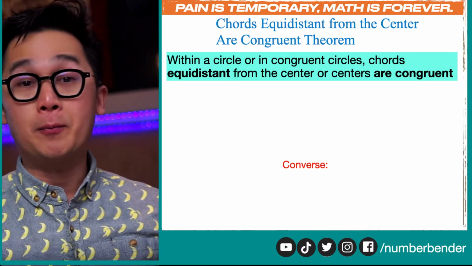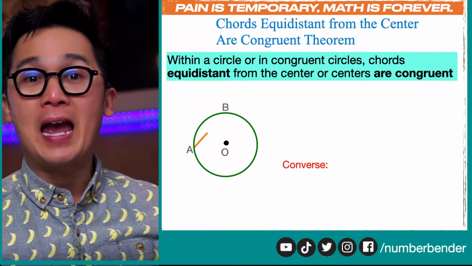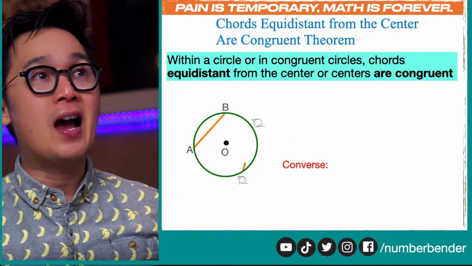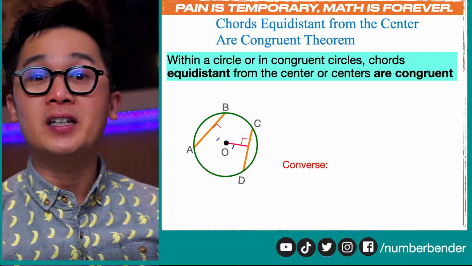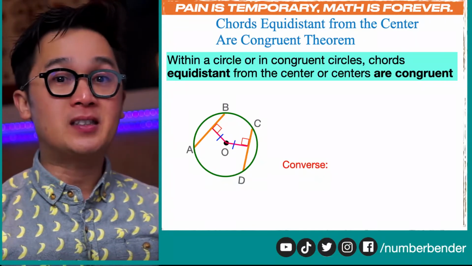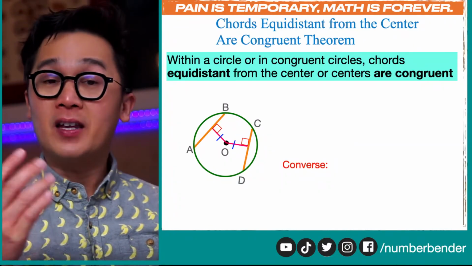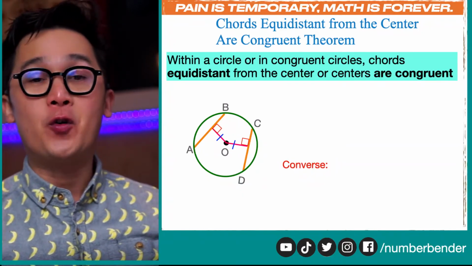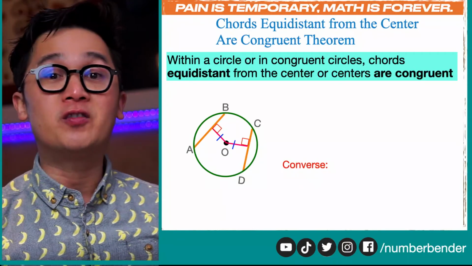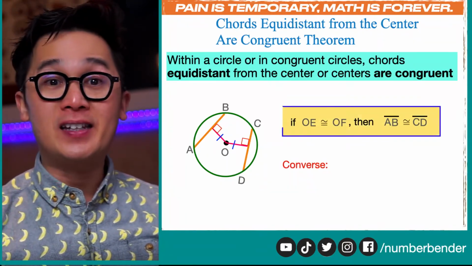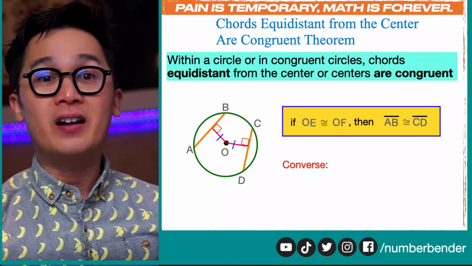But if we have a proper diagram similar to this one, circle O, and we have chord AB and chord CD, these two chords are equidistant from the center. That means they are forming a right angle within this particular relationship. Therefore, the measurement of chord AB is the same as the measurement of chord CD. So this is our last theorem about chords when they are equidistant.